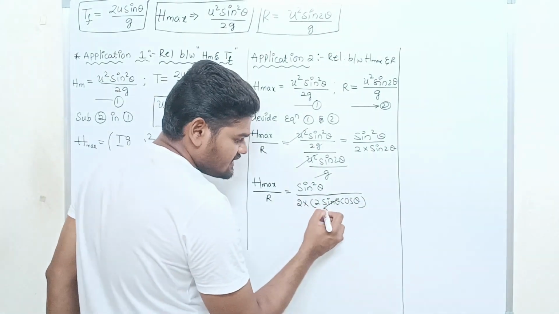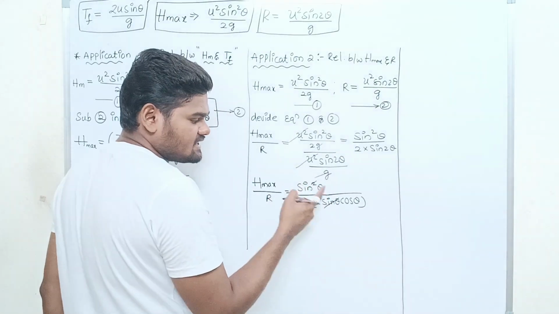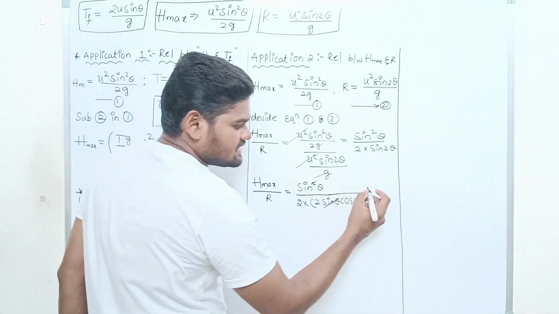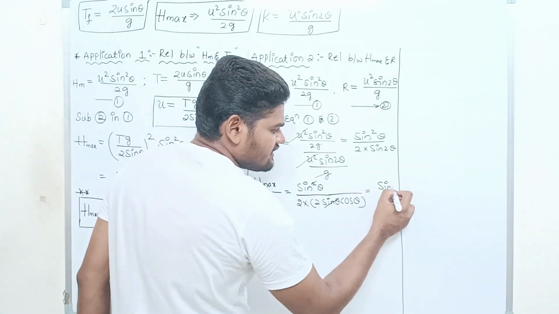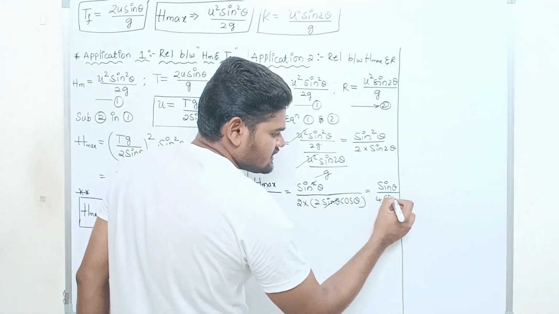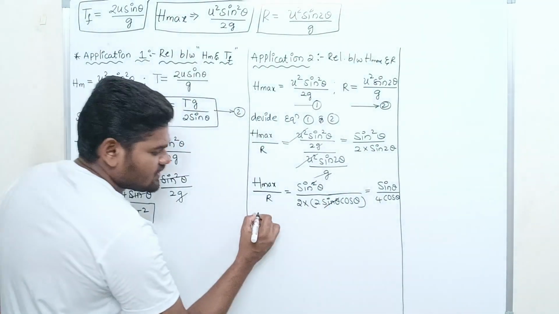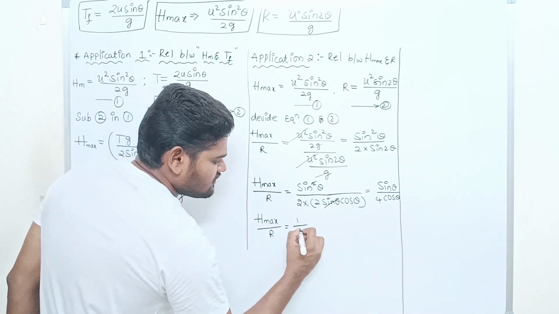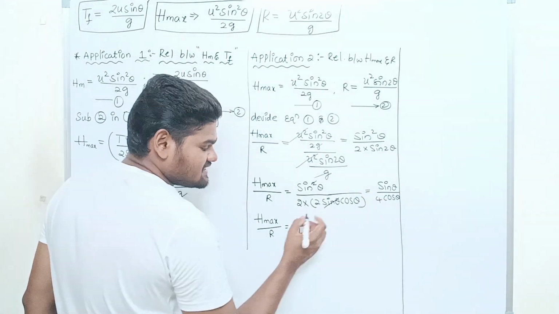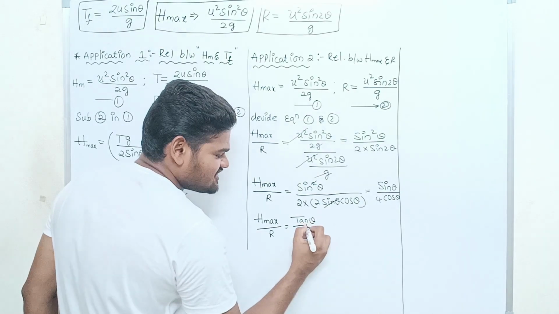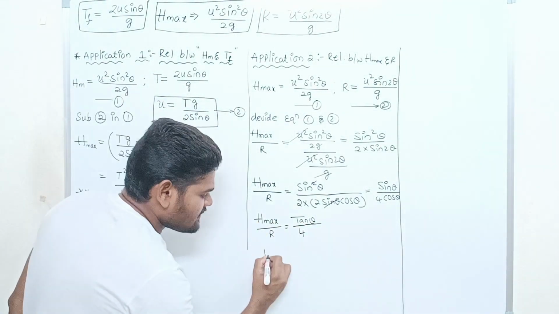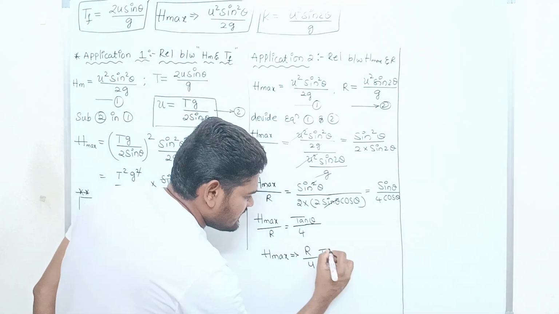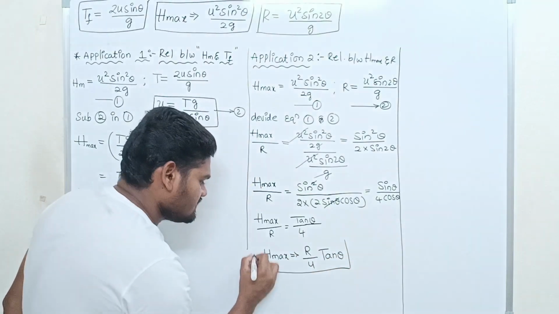Here sin theta is there, and here sin square theta is there, so one sin theta gets cancelled out and we got 2 into 2, which is 4. So we get sin theta divided by 4 cos theta. So h maximum by r is equal to 1 by 4 times sin theta by cos theta, which gives tan theta. So h maximum is equal to r by 4 tan theta.